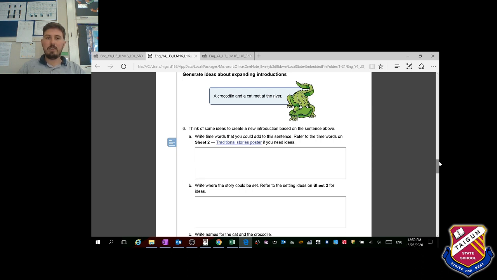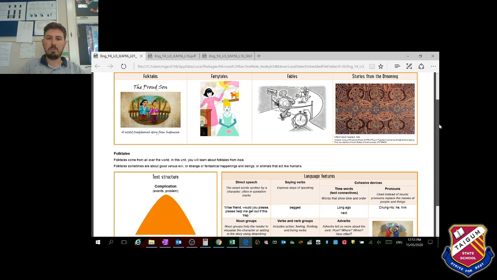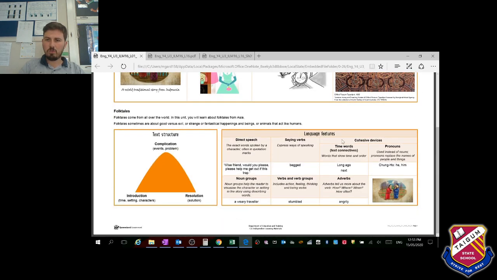So write time words that you could add to this sentence. Refer to the time words on sheet 2, which looks like this. So the time words are down here. Words that show a time or an order.